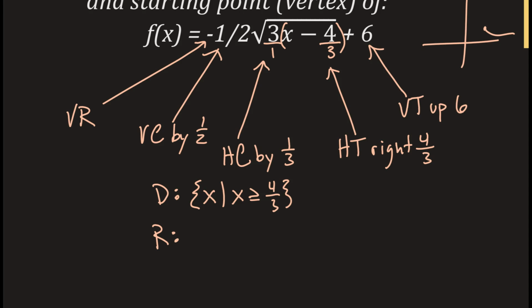It's been reflected, meaning it is no longer this function, it is now reflected vertically. So it's no longer everything bigger than 6, it's everything what? Everything less than 6.